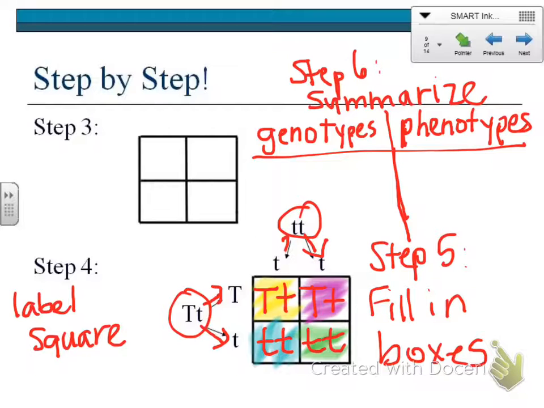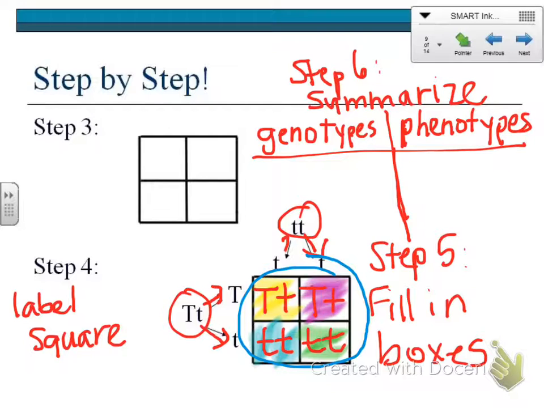All right, so we're summarizing what's on the inside. Can somebody tell me one of the genotypes that's on the inside of the square? Michael, what's one of the genotypes? Dominant and recessive. I need to know the actual genotype. Capital T, lowercase t. How many capital T, lowercase t's are there in the P-square?